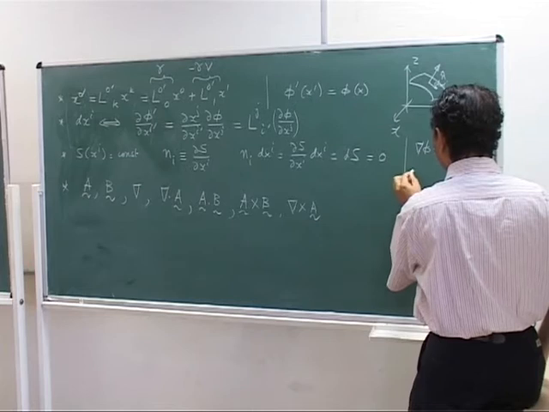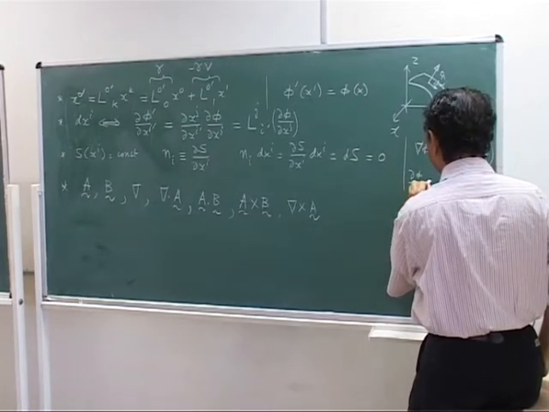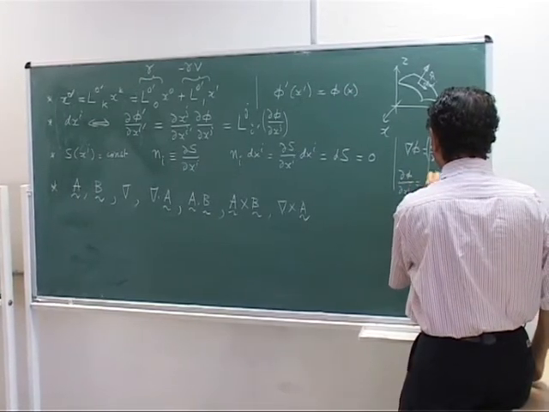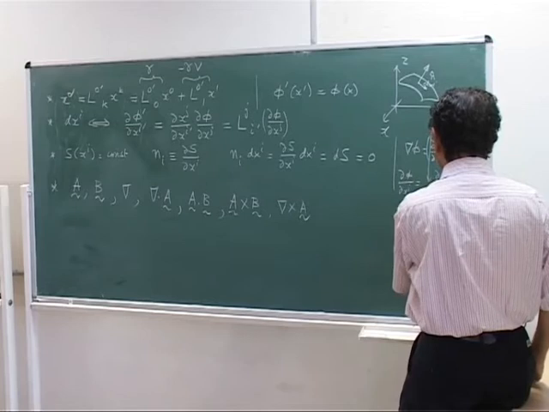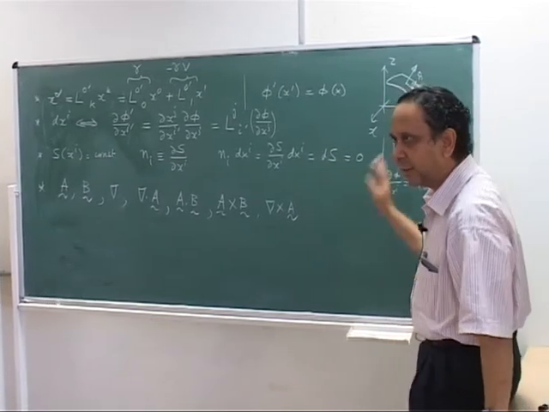Now, your gradient becomes d phi by dxi, it just adds here an extra d phi by dt, and then you take your normal del phi. Is that clear?